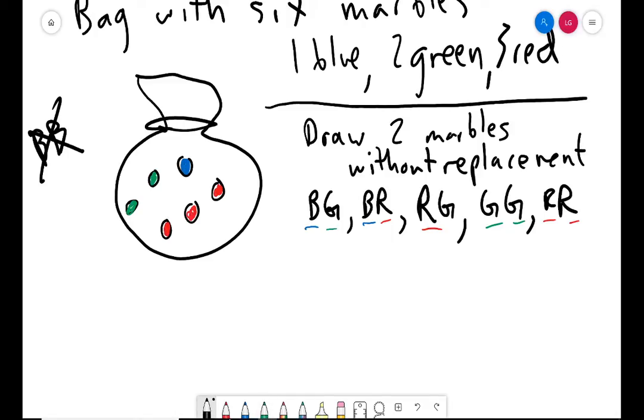But let's take a look for a second at the probability of at least one red.